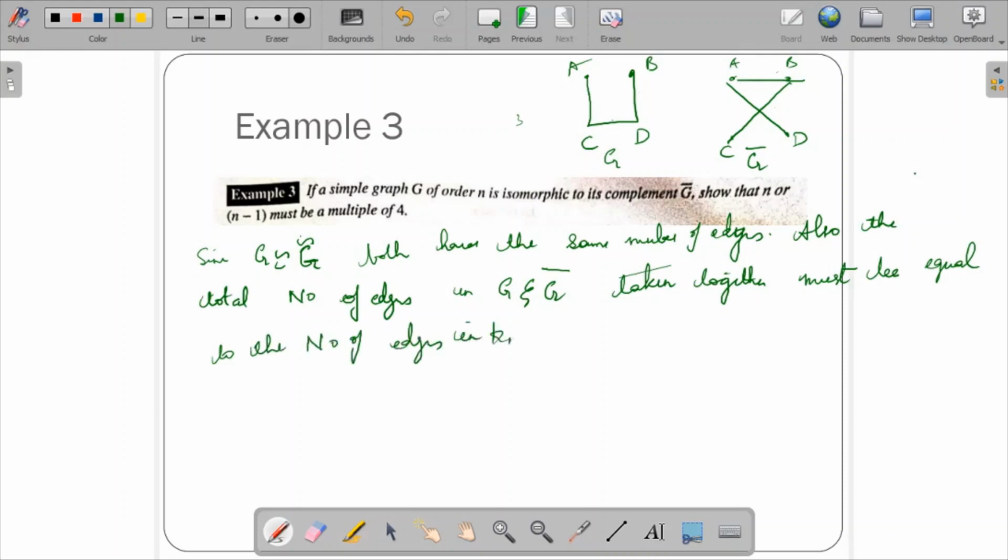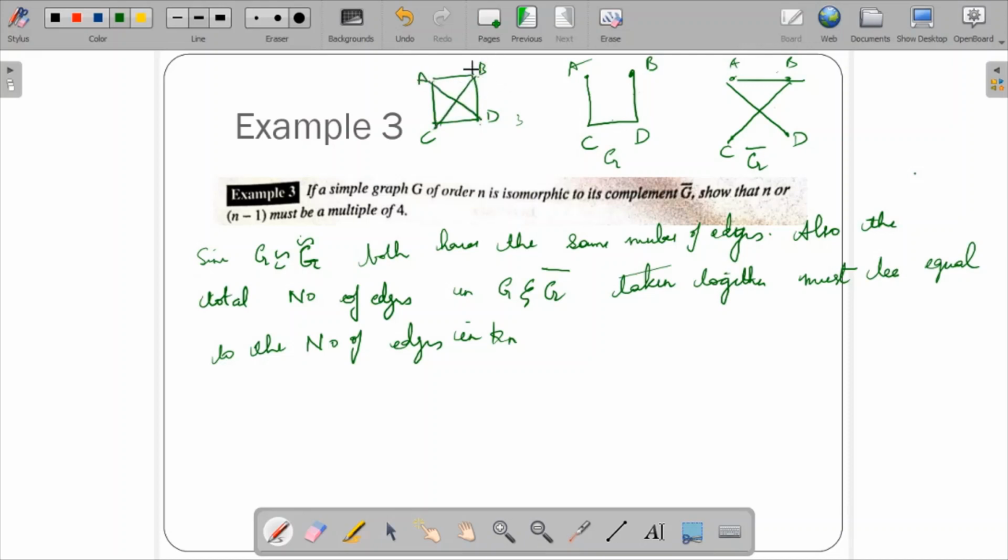So if you remember, this is the simple graph, and if it is a complete graph, it would be like A to B, B to D, C and D, A to C, A to B, B to D, C to D. So this would be the complete graph.